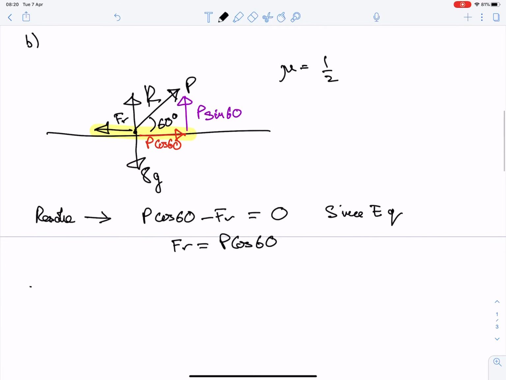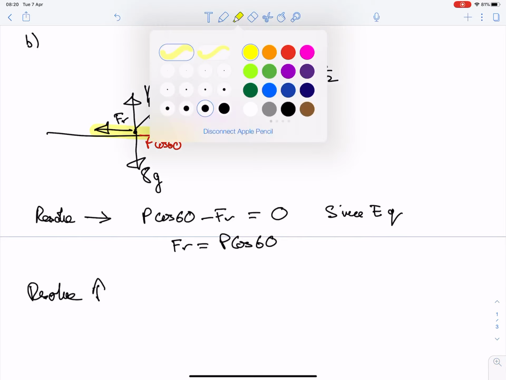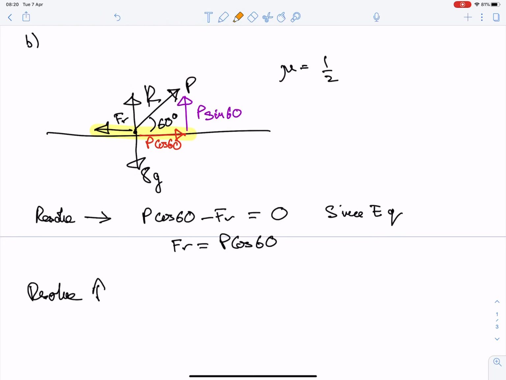If we resolve vertically, this time we're going to need that, and that. They're our vertical components. So we can come back and write those down.